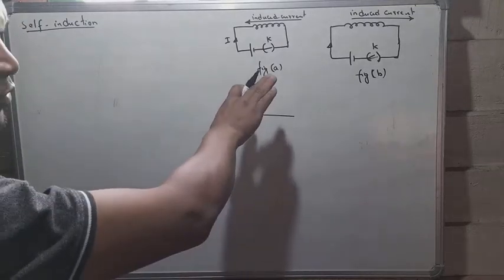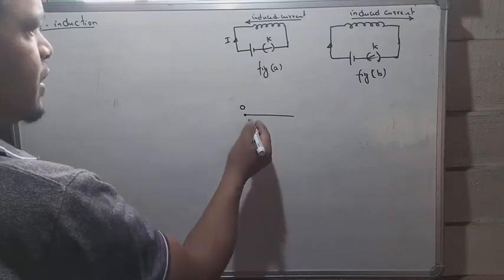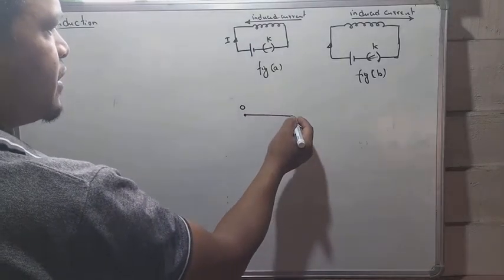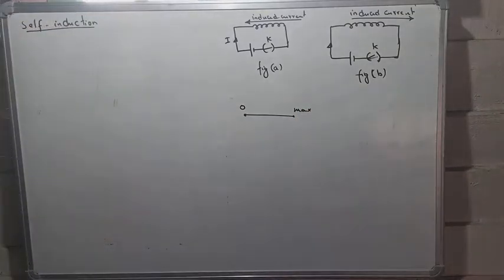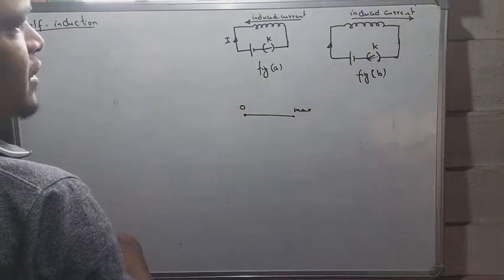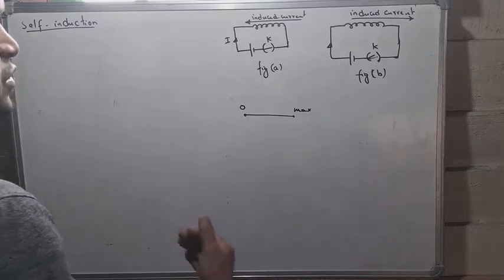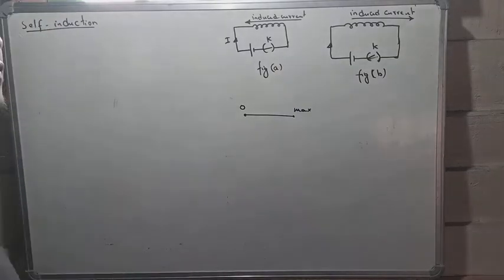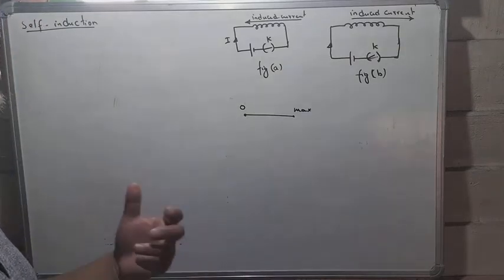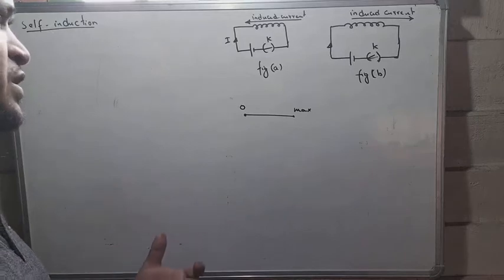But when you turn on the key, the current starts increasing from 0 until it becomes maximum. The time taken for the current to increase from 0 to maximum is very small, maybe in microseconds. Though the time is small, it's very important in this case.